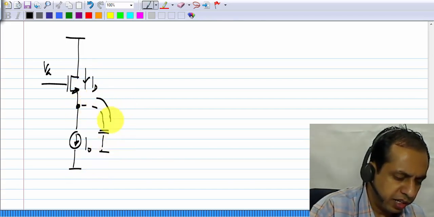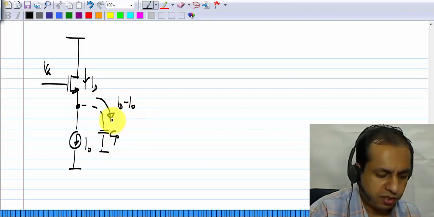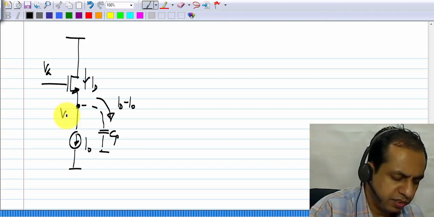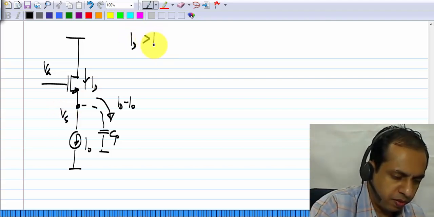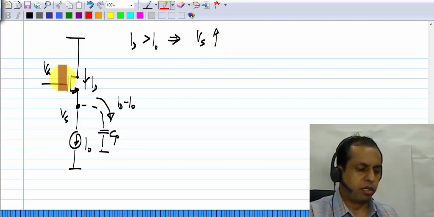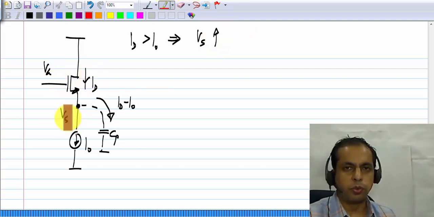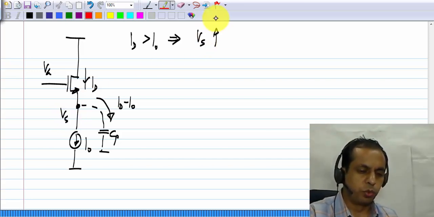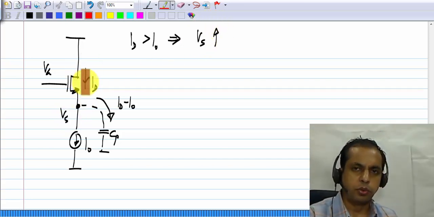And if ID is greater than I0, ID minus I0 flows in this direction into the capacitor and raises the source voltage. Now, the current ID is also dependent on the source voltage. So, as source voltage increases, ID tends to reduce.